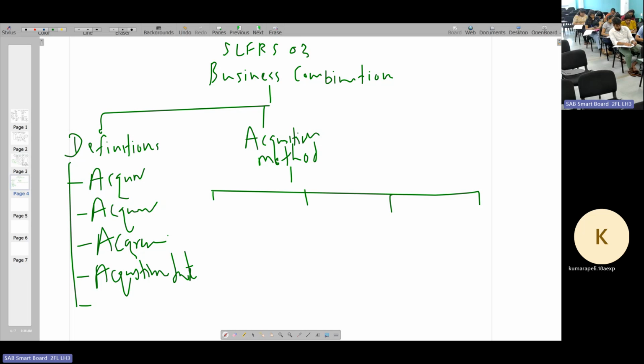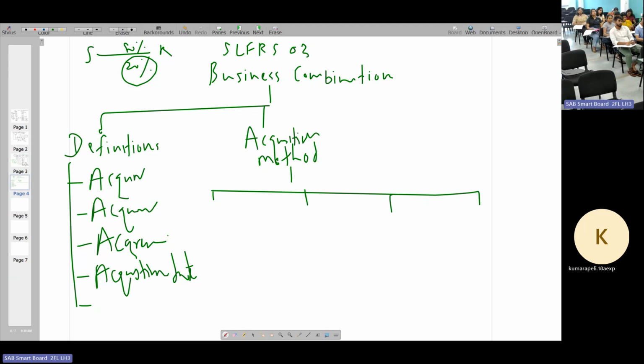For example, Ranjani is the acquiree. Let's say Sarath acquires 80% of Ranjani. What does the balance 20% mean? It is non-controlling interest.